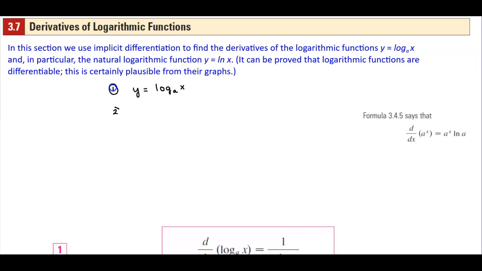The exponential form tells us that we have a base of a with an exponent of y, and that's equal to x. Now we want to differentiate, and we're going to differentiate implicitly.